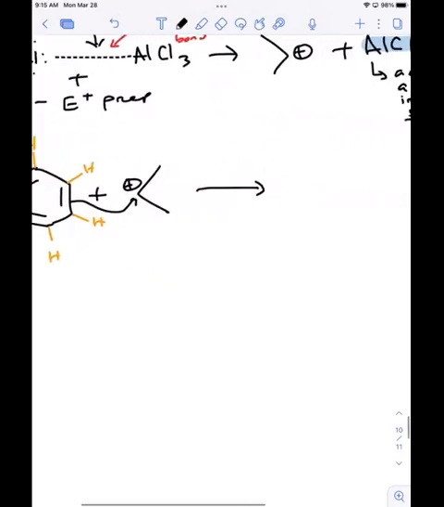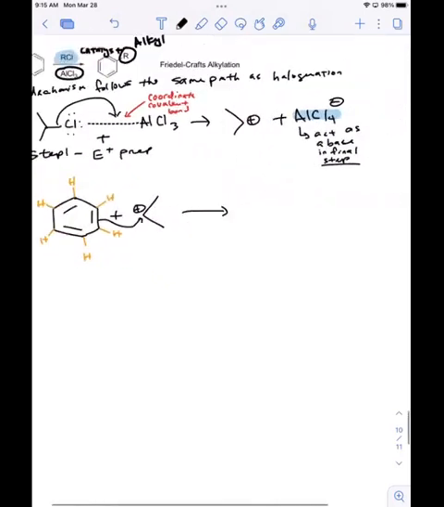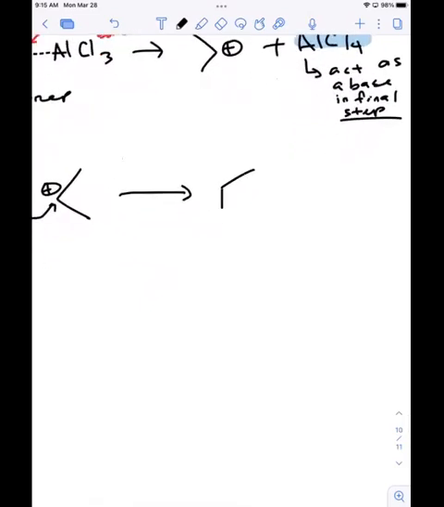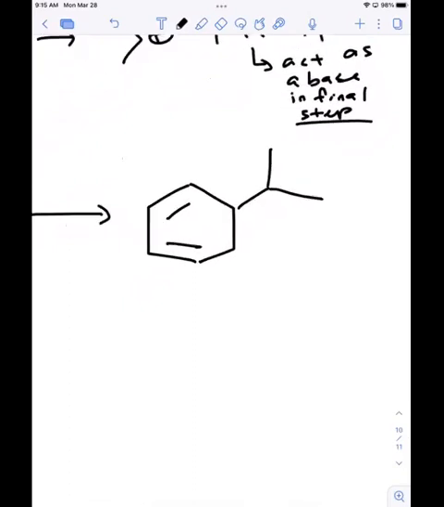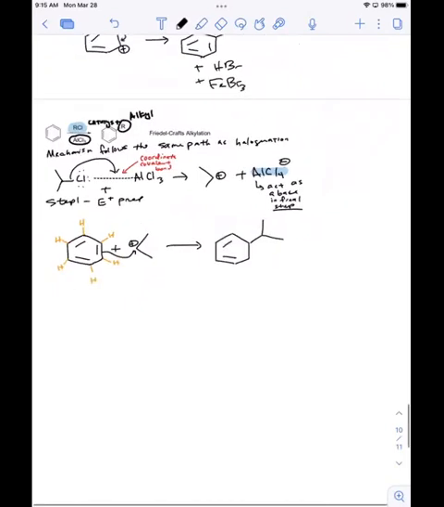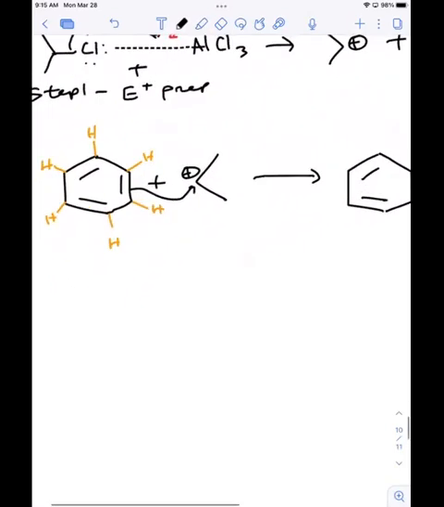All right, and then we end up with what? What happens when I break that pi bond in the ring? It's going to attach to the ring. So we're making a bond between this carbon and one of these two carbons. We're going to pick the top one.